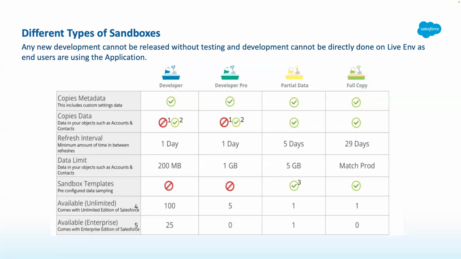Now, where can I develop? So I have these many sandboxes. I also have another org that is called a scratch org. If I have so many orgs as a developer, how do I understand what should be done in which of these sandboxes? Or on the contrary, what are these capable of?